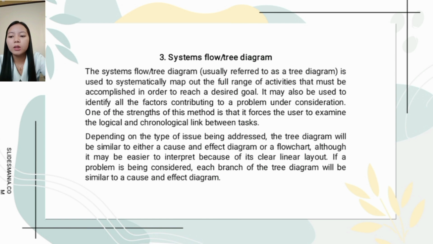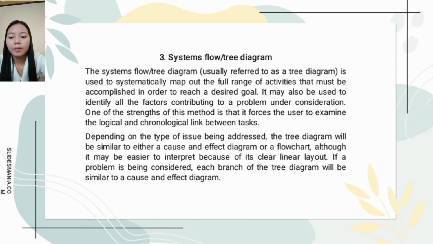So, ang sabi dito, yung system na to is tinatawag ding tree diagram. Ginagamit siya systematically para malaman lahat ng activities na dapat makomplete para ma-achieve yung desired goal. Ina-identify din niya lahat ng mga factors na may contribution sa problema. And yung advantage ng method na to is yung user nag-iisip ng mas logical and chronological links between tasks.